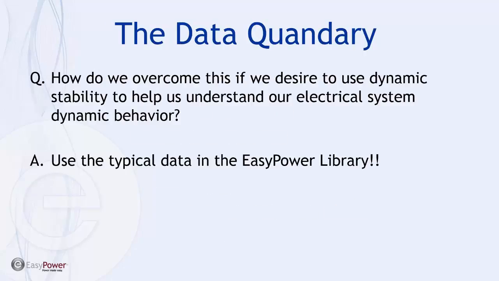So what we've proposed, or what we've done in terms of supporting dynamic stability, is we provide a library that has a significant amount of typical data as we pick up each one of these elements, and we're going to get into that in a fair amount here shortly.